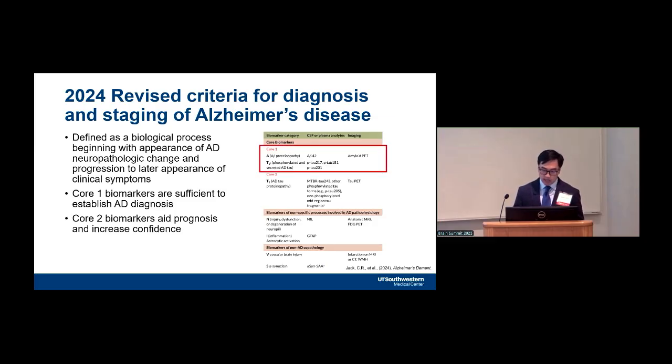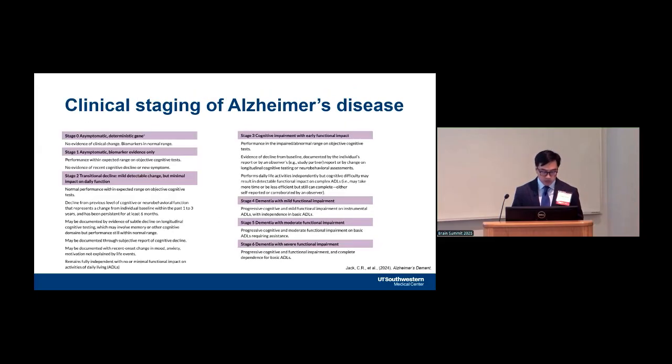The core 1 biomarkers that you see in the red, those are the ones that we're using most often and ones that you're probably most familiar with: the amyloid PET scans, CSF A beta, and tau. And you may be aware there's now even serum biomarkers that can be used. So that is defining Alzheimer's disease from a biological biomarker standpoint.